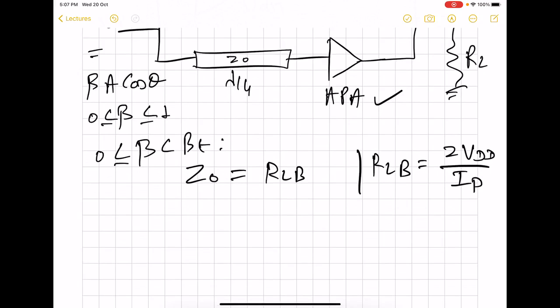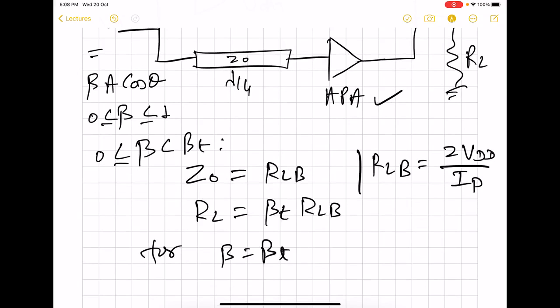So this was the requirement for characteristic impedance, and the load for this Doherty power amplifier should be beta T into RLB, such that for beta equal to beta T, the threshold value, the drain voltage becomes equal to VDD.